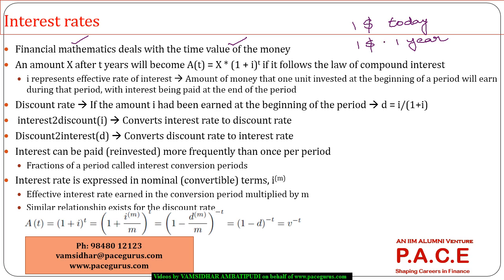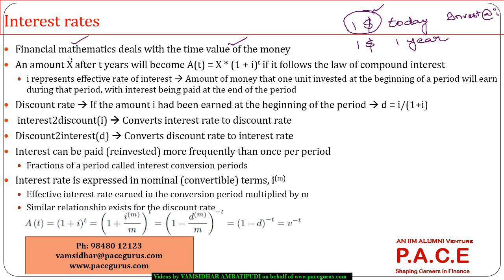Because the $1 that I have today, I can invest it for 1 year at some interest rate, and I will get something more than 1 at the end of 1 year. That is a clear indication that with the passage of time, money increases in value. That is what we call the time value of money.